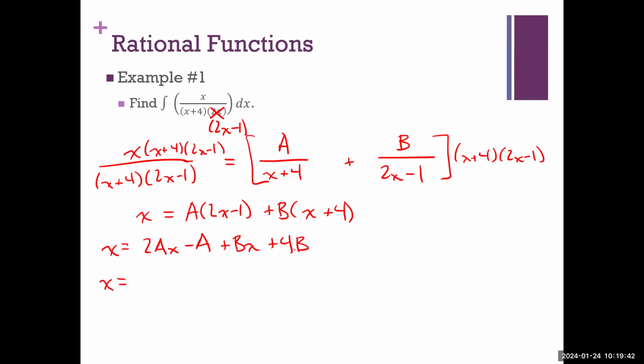Some of these terms have an x multiplied by them. Some of them don't. So I'm going to group them that way. So the terms that have an x are the 2A, x, and the B. And what else is there? So basically I've grouped my terms up by which ones have that variable x and which ones are just constants.